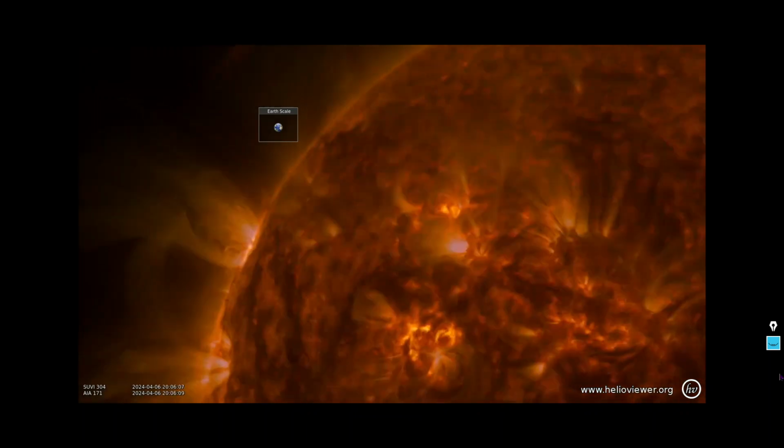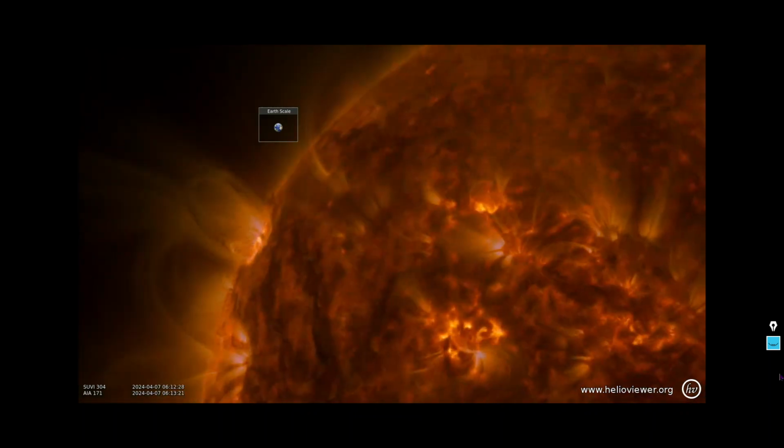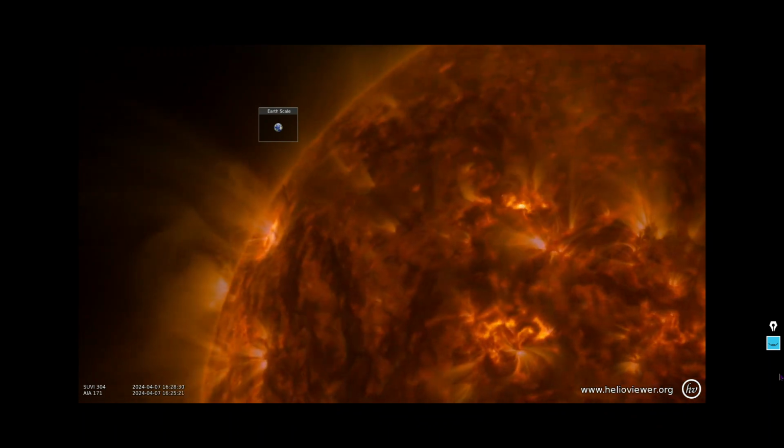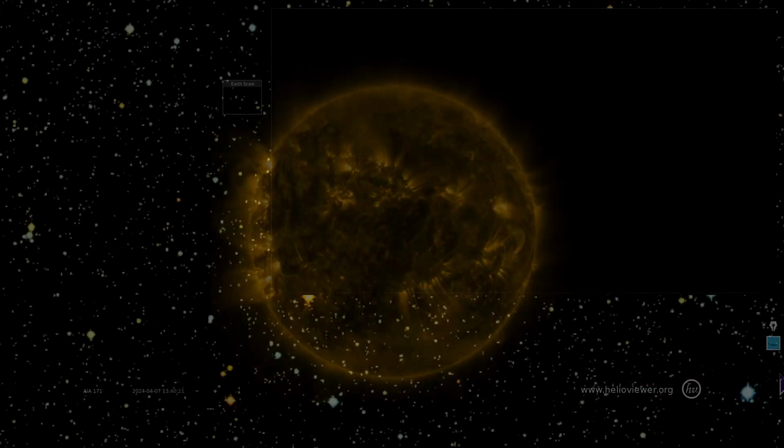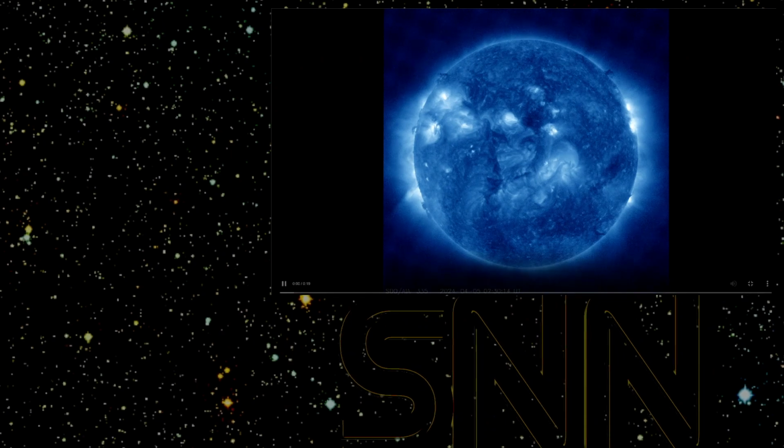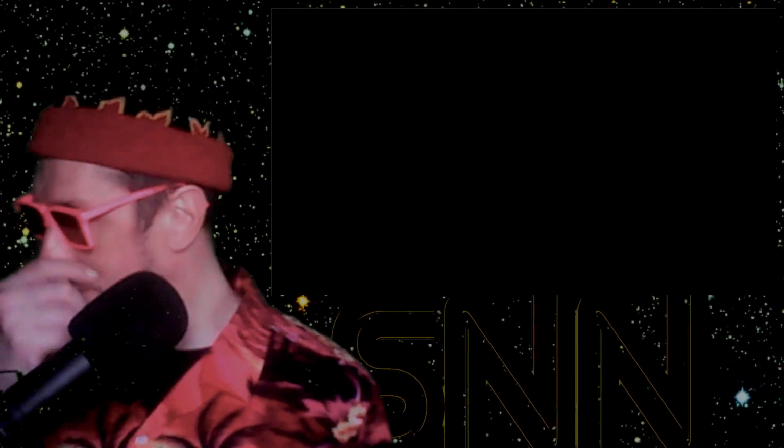There's a new sunspot rising back there as well. That will all help to create features that people will be photographing from ground level. And of course, 171 angstroms is a fantastic wavelength.